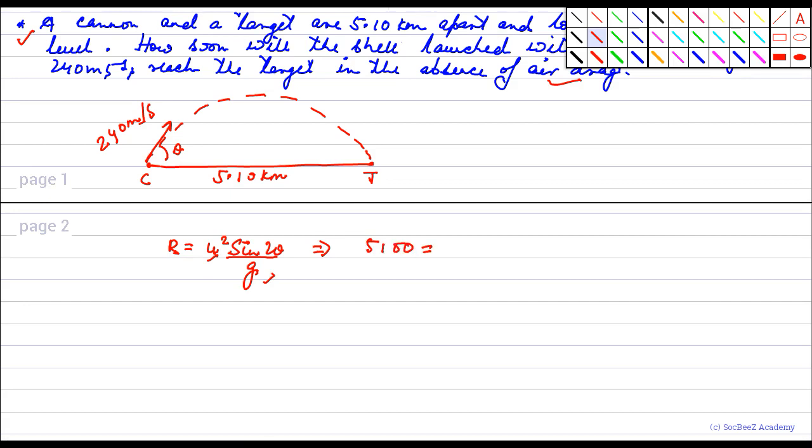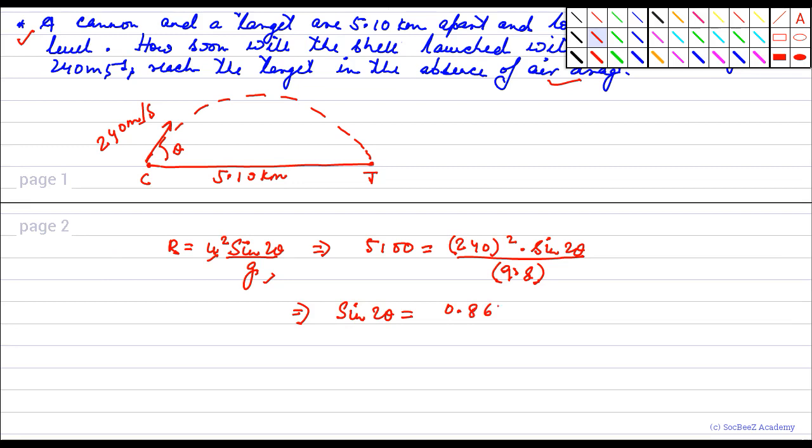I'll get 5100 equals u square, that is 240 square, into sine of 2 theta by g, if I take the value of g as 9.8. So from here I get sine of 2 theta as 0.8677.